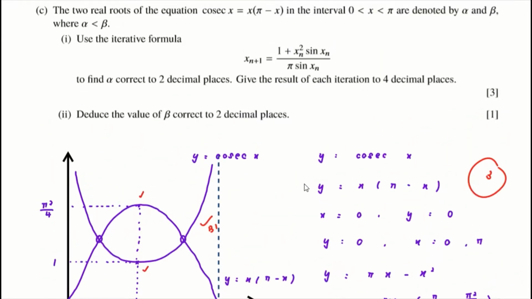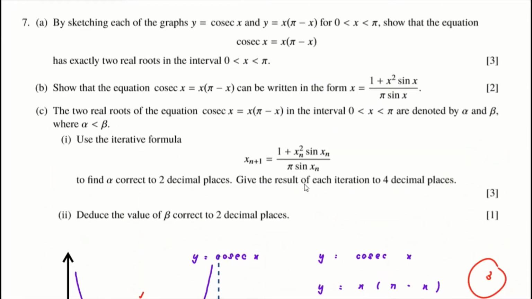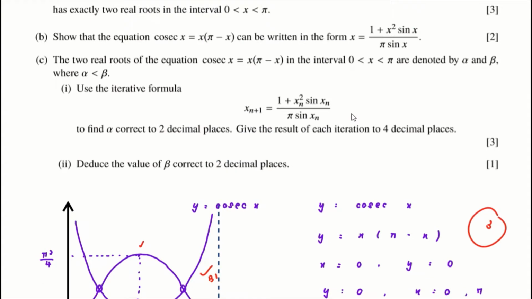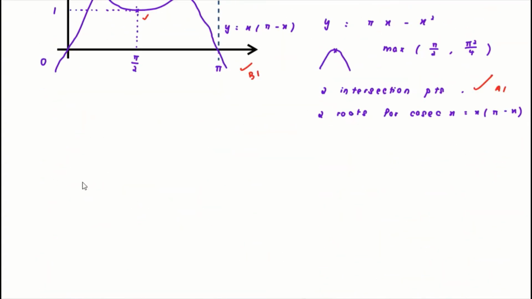Now part B: show that the equation cosecant x equals x(pi minus x) can be written in this form. This is some rearrangement using trigonometry. So let's start. We have cosecant x equal to x(pi minus x).